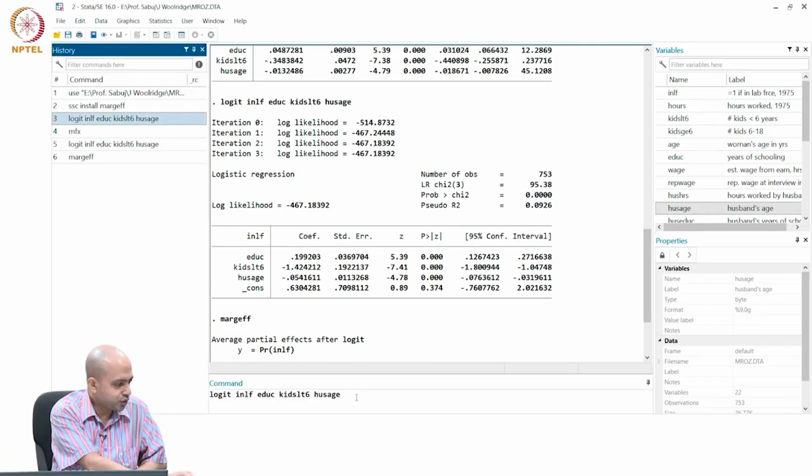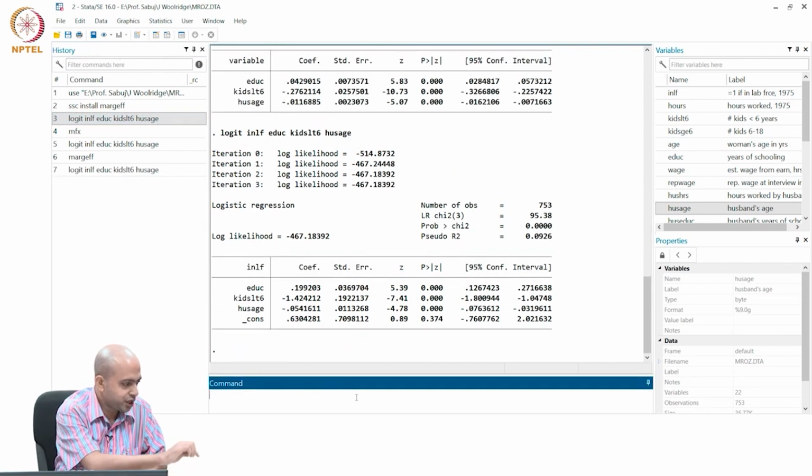That also you can calculate. Suppose you estimate this Logit model, and then you put the command mfx compute, at, kids LT 6 equals to 0.